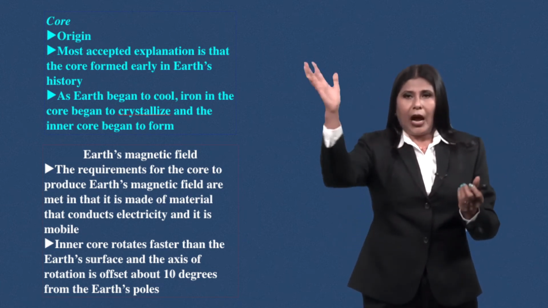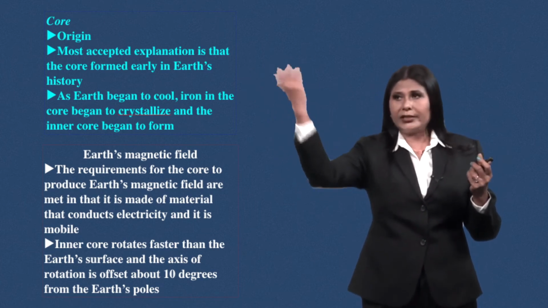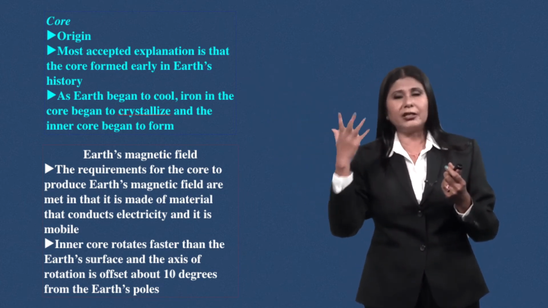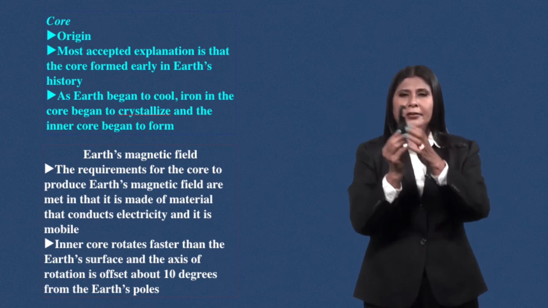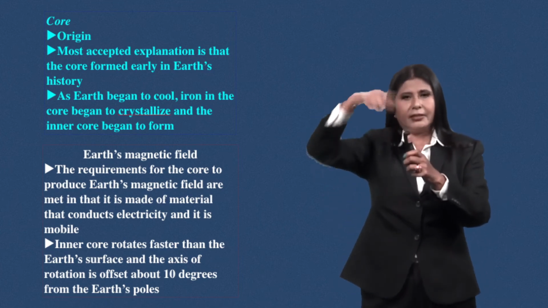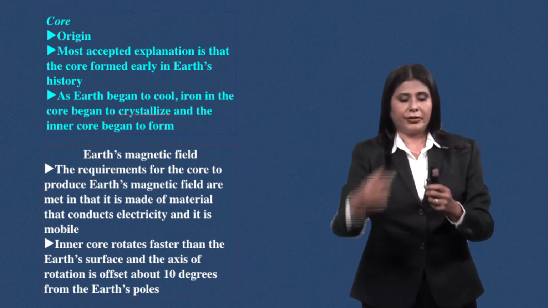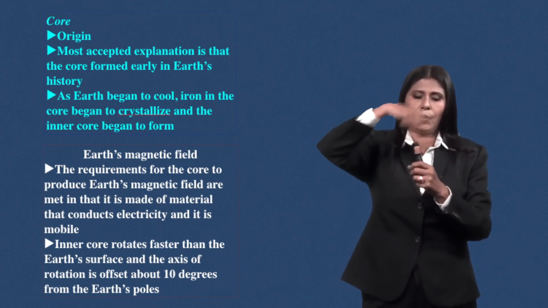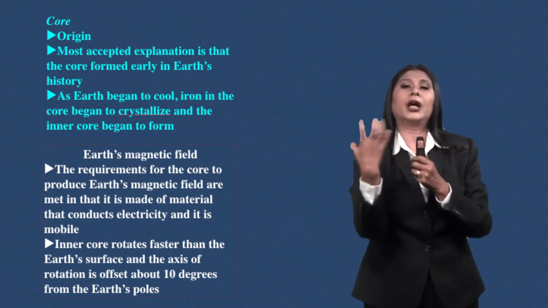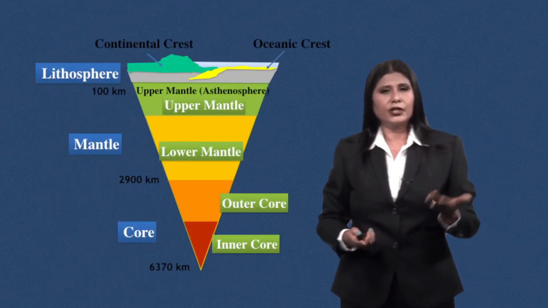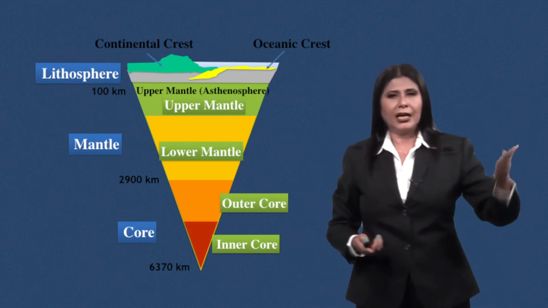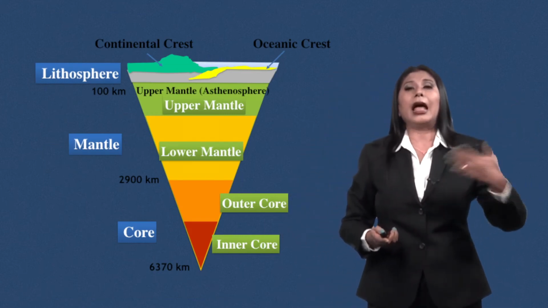So, how is electricity generated in hydroelectricity, diesel electricity, a dynamo? The same effect is created here. The outer liquid core is rotating around the inner solid core, generating the magnetic field. So, now we have got all the three layers: lithosphere, mantle and the core.